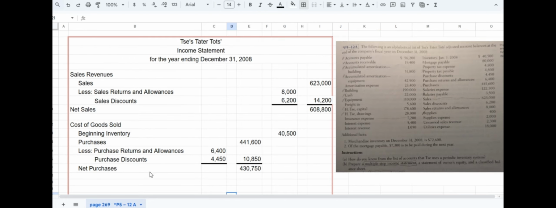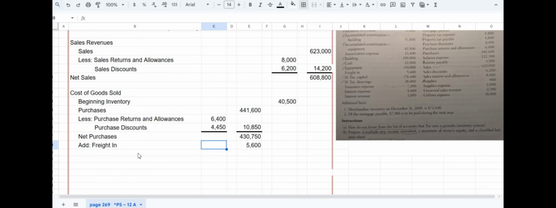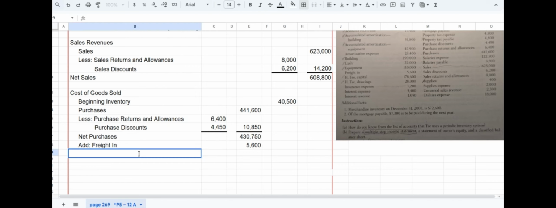Now, the last step to getting the inventory value is to add the freight in, because freight in is kind of like merchandise inventory. And it's 5,600. And once we add this, we'll get our cost of goods purchased.